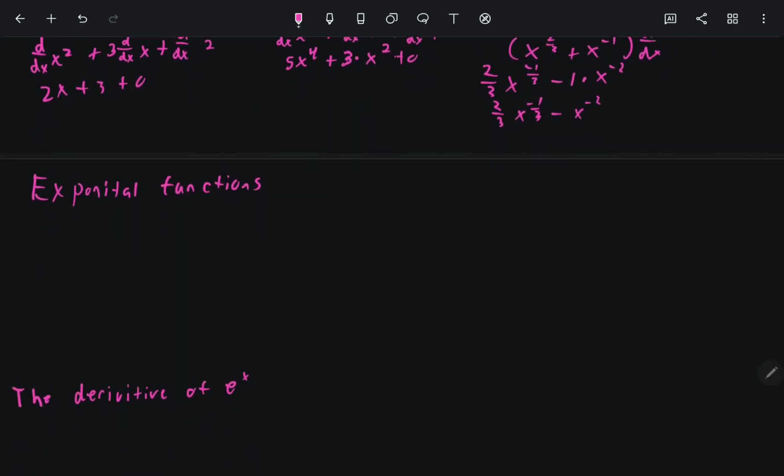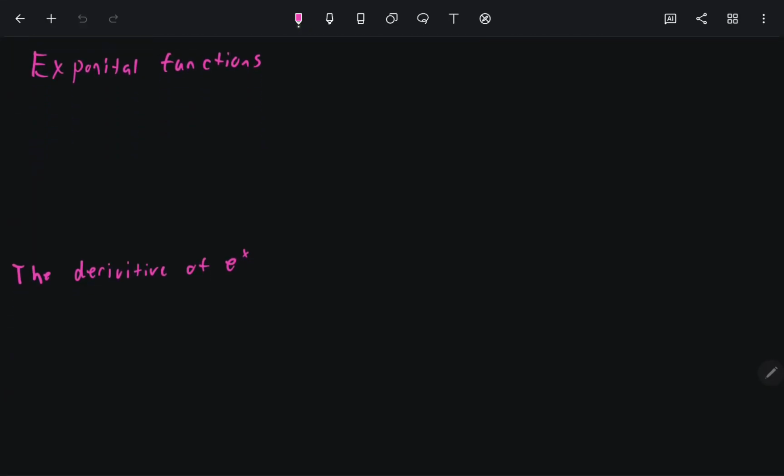Alright, continuing on, we have exponential functions. So, I'm going to kind of show you what a derivative of an exponential function is, and then I'm going to tell you it.